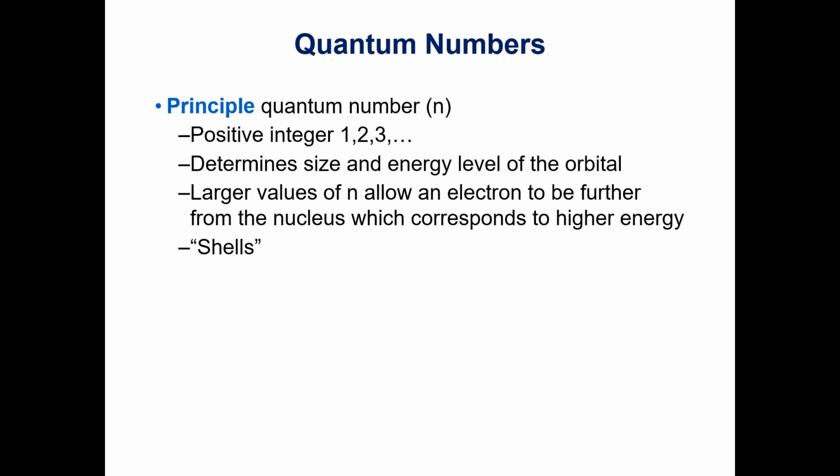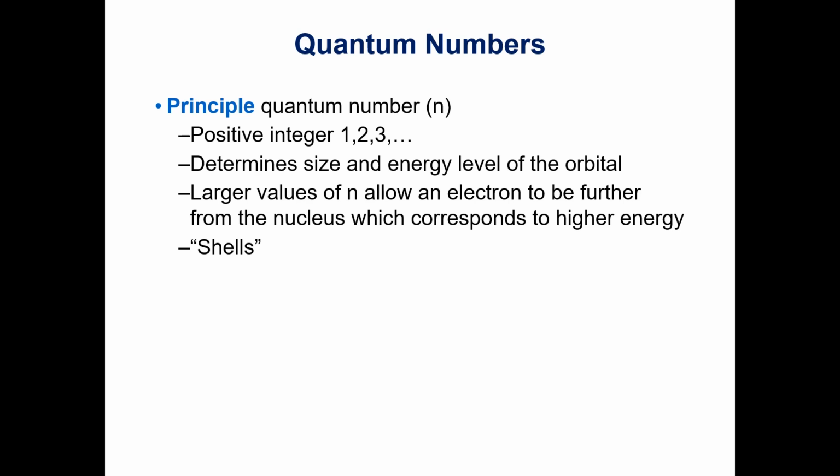The principal quantum number n is what determines the size and energy level of the orbital. So the higher the n value, the larger the size, and the higher the energy level. n is always a positive whole number integer, so something like 1, 2, 3, 4, 5, and so forth. They can never be negative, and they cannot be a decimal.